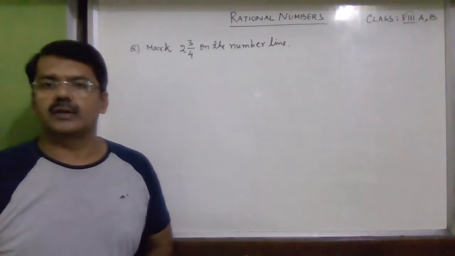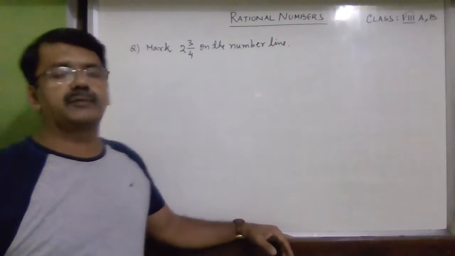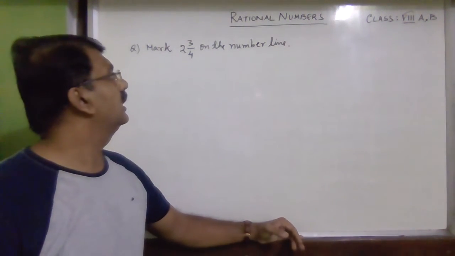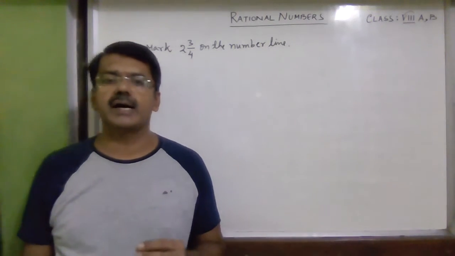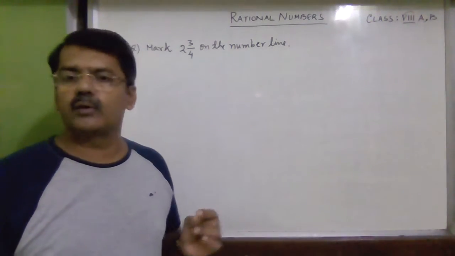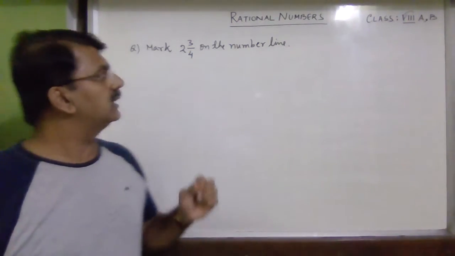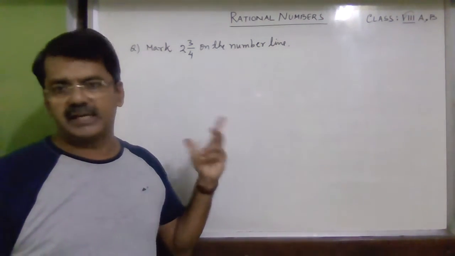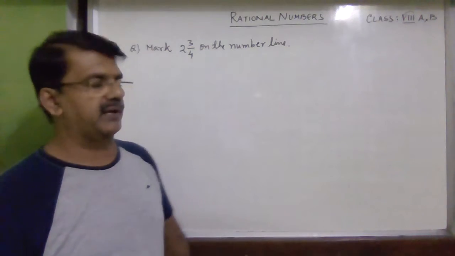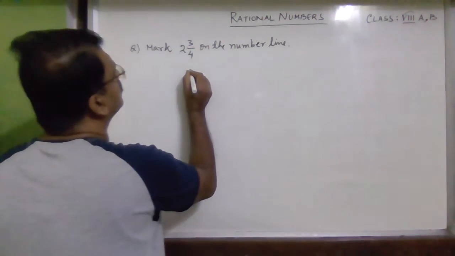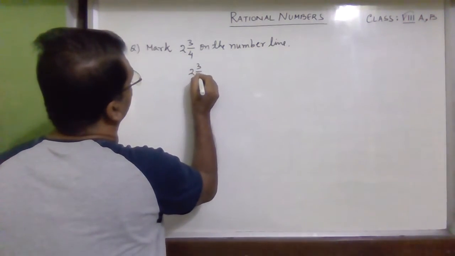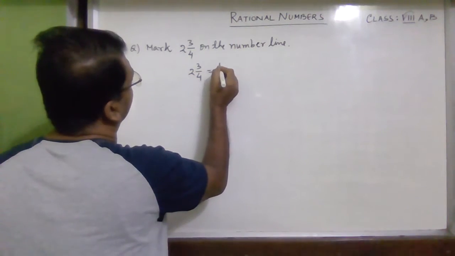Now on a rational number line you have to mark 2 whole 3 by 4. You have to mark 2 whole 3 by 4 on the number line. Now first of all, what will you do? You will change this mixed fraction into an improper fraction. Means 2 whole 3 by 4 means 11 by 4.